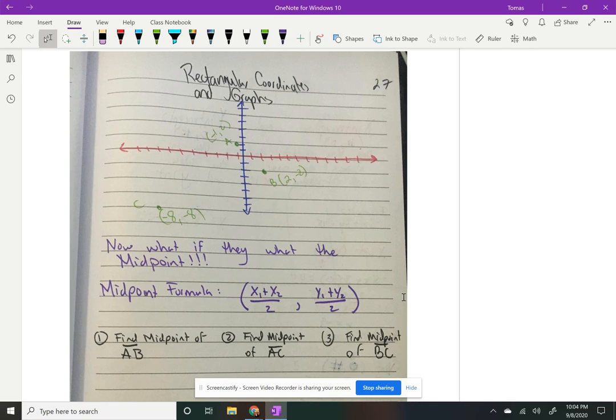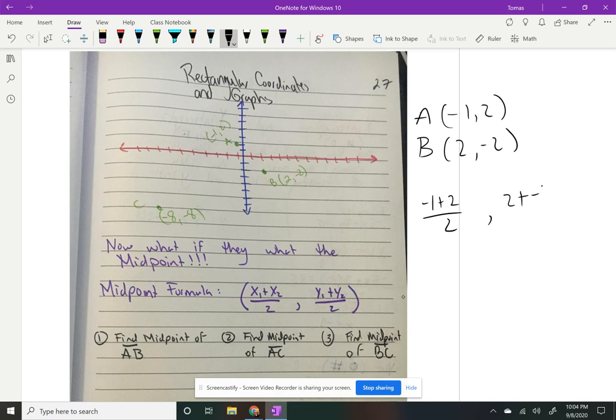Okay, and we want to find the midpoint of A to B. In this case, we get our A, which is -1 and 2, and our B, which is 2 and -2. Okay, and what we do, we just add these. We add the x's together and then divide by 2. We add the y's together and divide by 2.